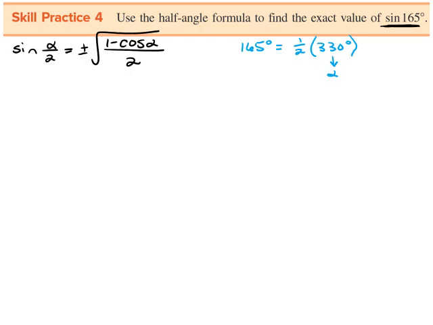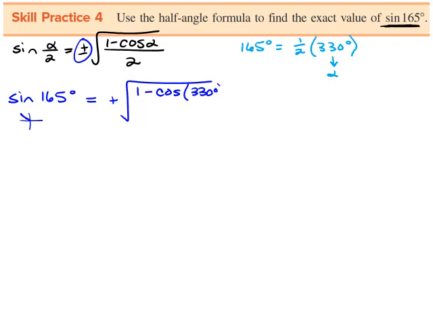Let me write it this way. Sine of 165 degrees is equal to, now 165 is in quadrant 2, and sine is positive in quadrant 2, so I know that I need the positive radical. 1 minus cosine of, we said alpha is 330 degrees, all over 2.